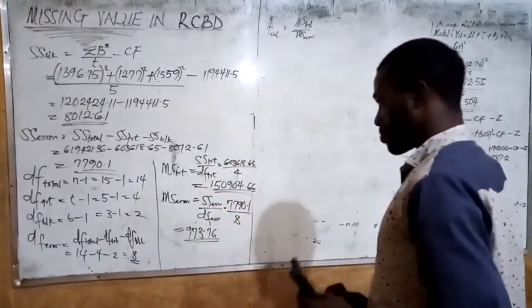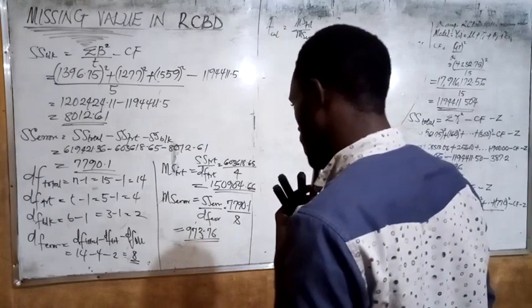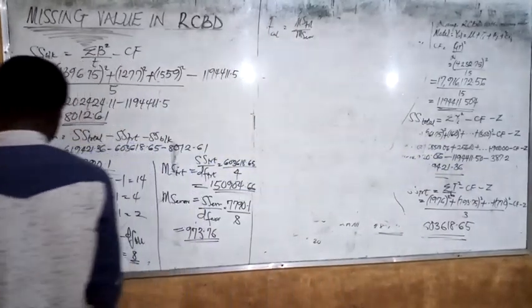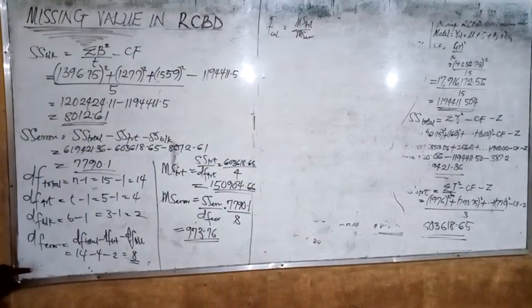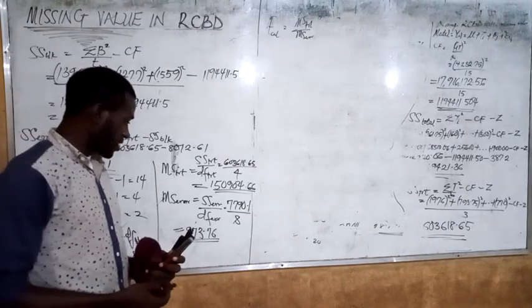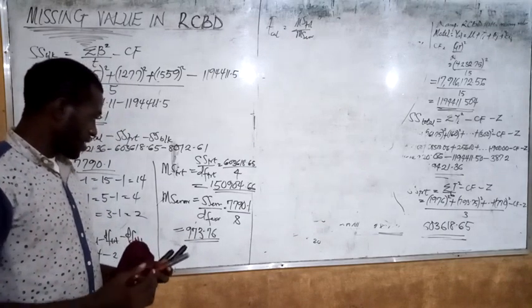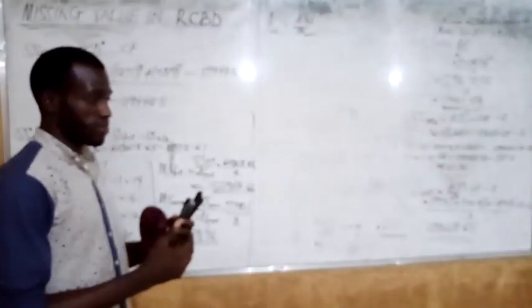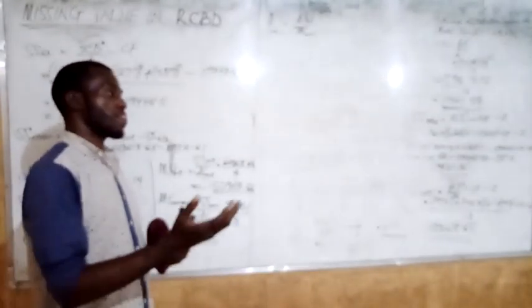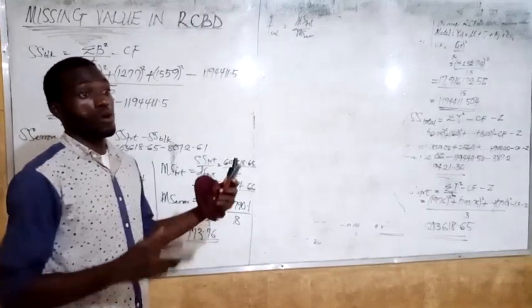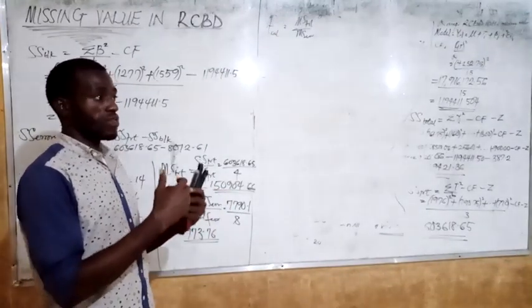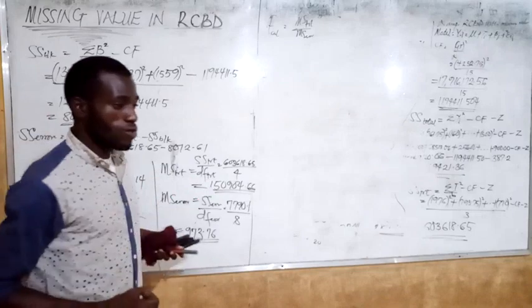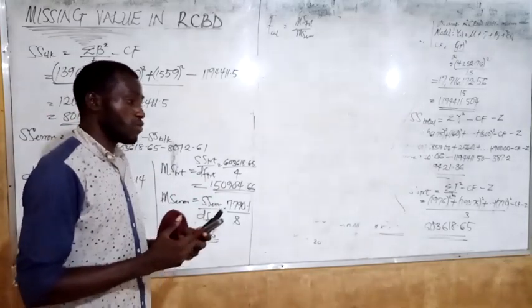But it appears that there is a mistake here. Our DF error is not going to be this times this, because there is a bias. Remember the way I explained DF: if you have 5 friends and you want to share something amongst yourselves, you have 4 people to give it to.